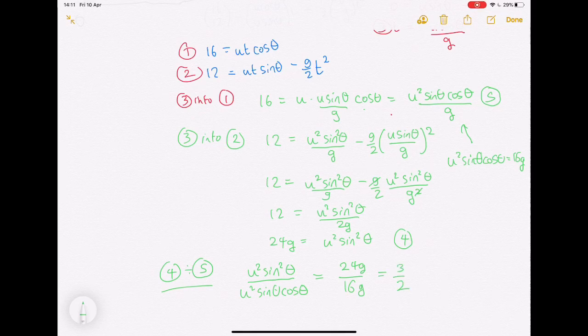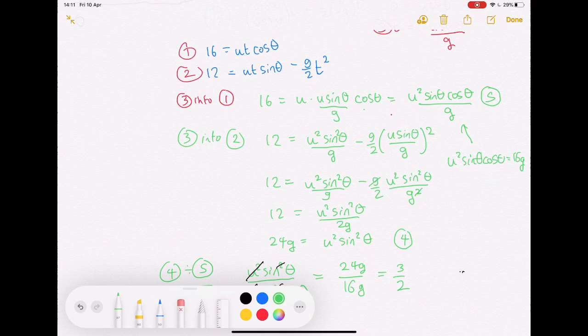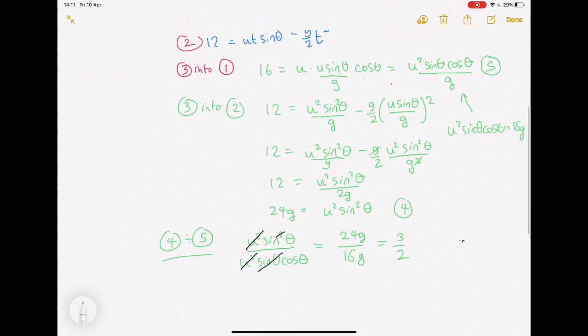If we start simplifying, our factors of u squared cancel, and a factor of sine theta cancels, so we get sine theta over cos theta, which is tan theta, equals 3 over 2.